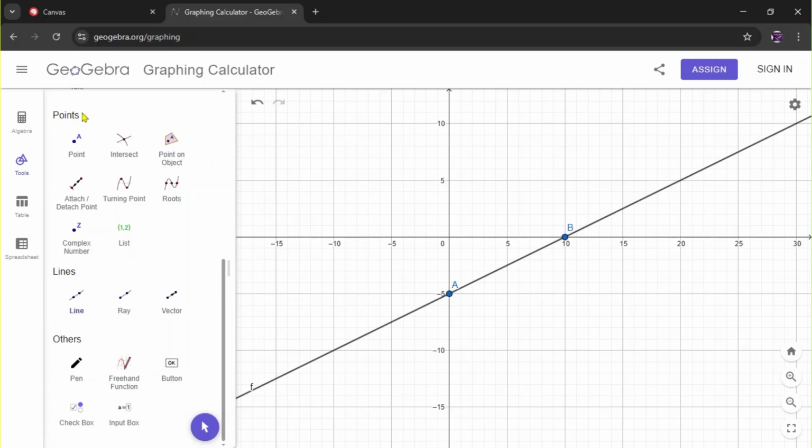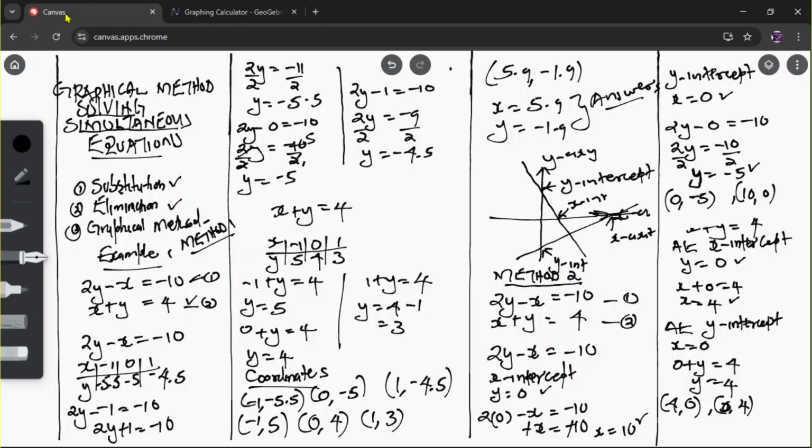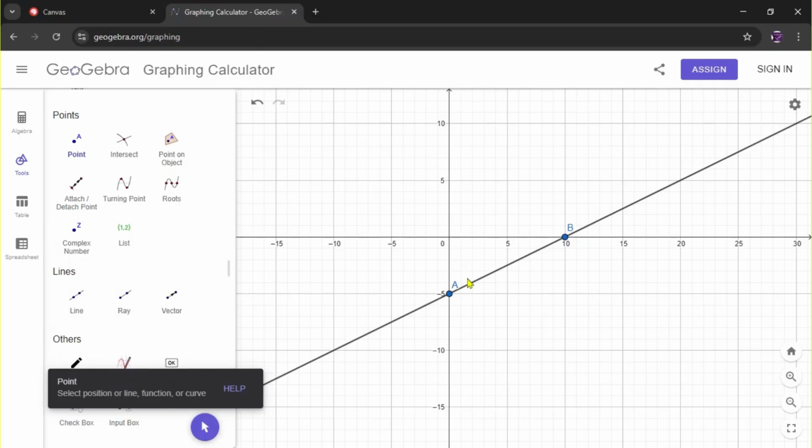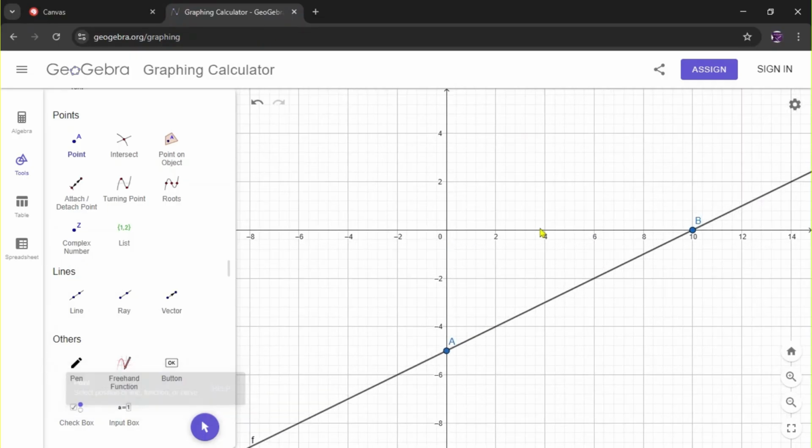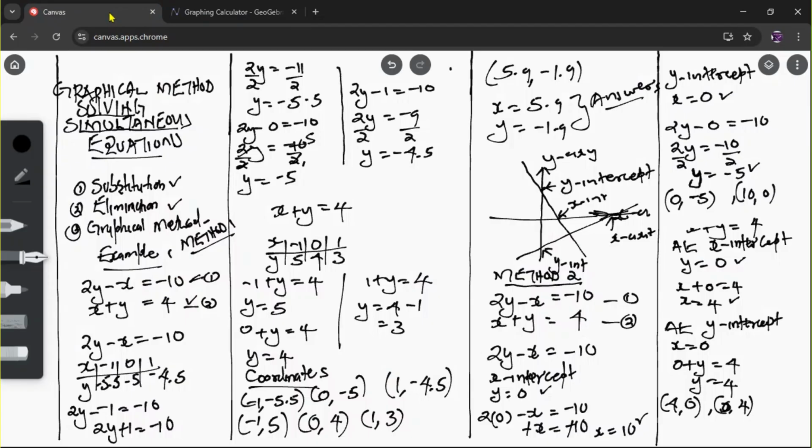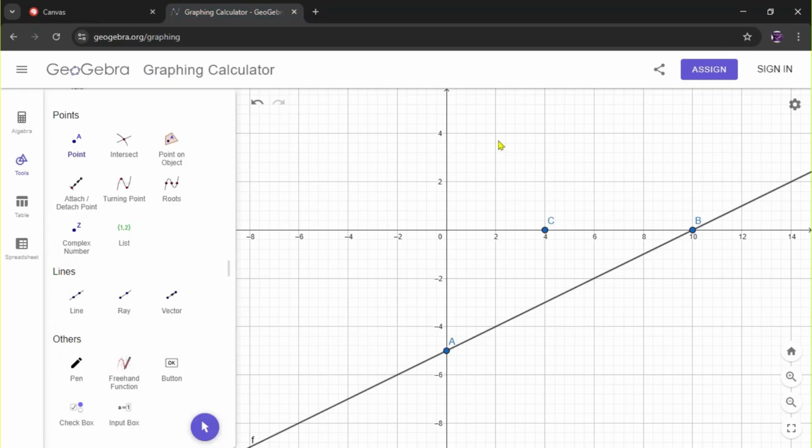The second point is, I pick 4, 0. So you have 4. I increase my graph, 4, 0. So you have 4, 0. Then the other one is 0, 4. So you have 0, 4.